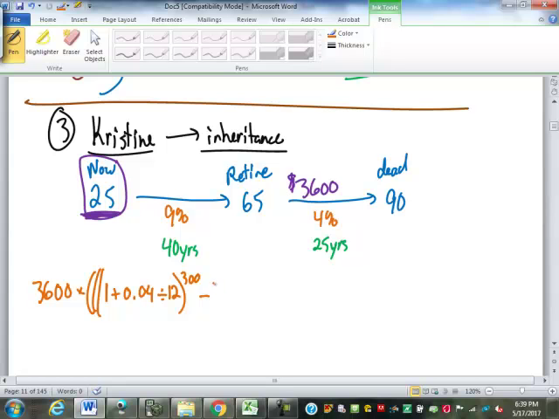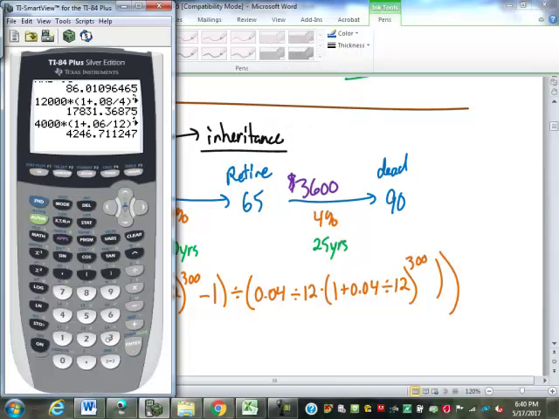Then minus 1, close parentheses, divided by, open parentheses, 0.04 divided by 12, open parentheses, 1 plus 0.04 divided by 12, close parentheses, to the power 300, close parentheses, close parentheses. Perfect. So now I'm going to punch that one in.